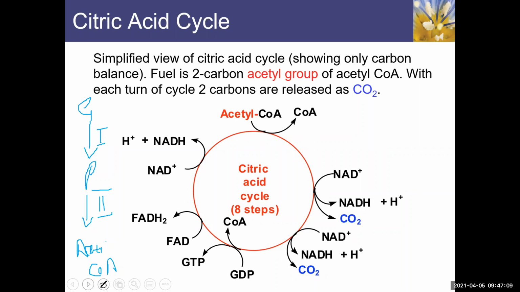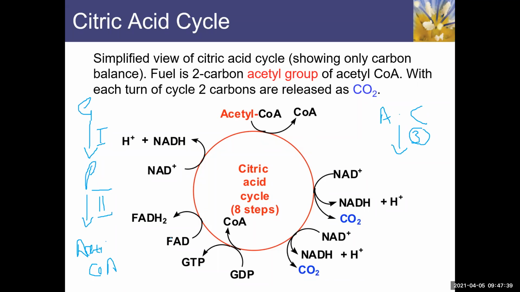And now, what happens to this acetyl CoA? This acetyl CoA will enter into the TCA cycle, which we're going to talk about in this chapter, which is stage three over here. So stage three is you will convert this acetyl CoA, which will enter into the TCA cycle. And what is the end product here? The end product will be NADH, FADH2, ATP.